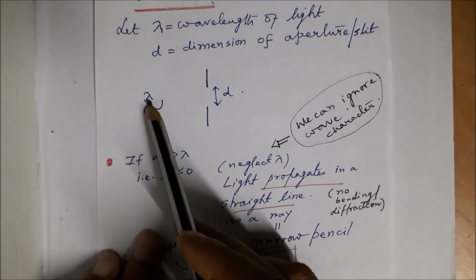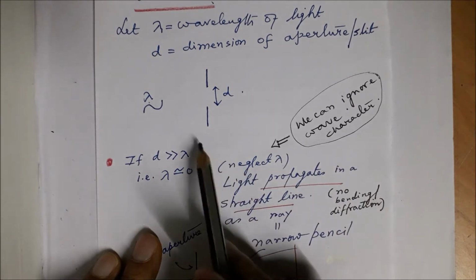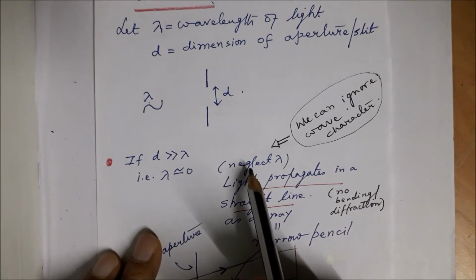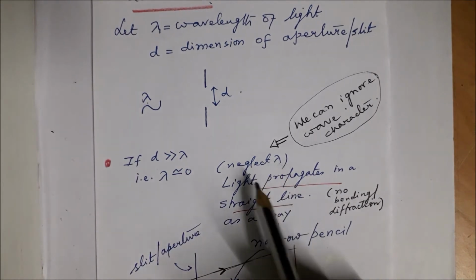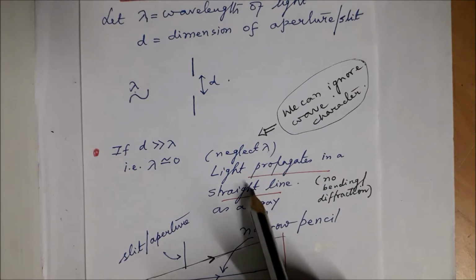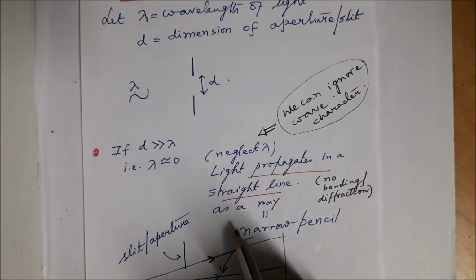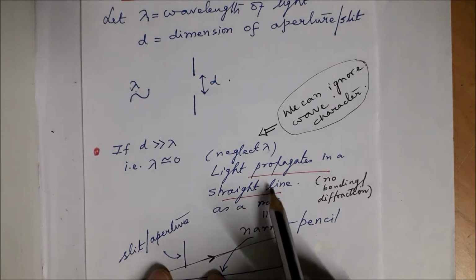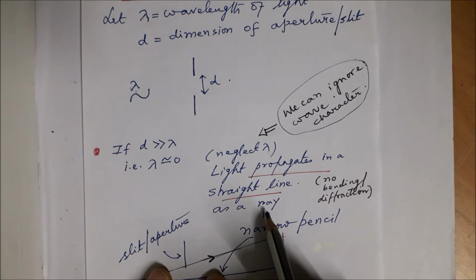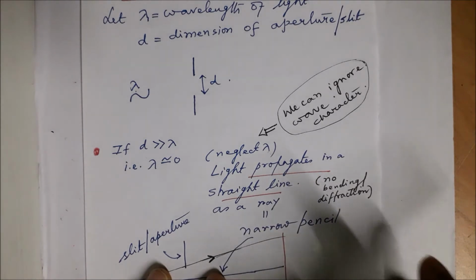Now lambda represents wave characteristic. If we overlook lambda, that means we are overlooking the wavy character of light and assuming that light propagates in a straight line. So in that situation, we will say that light follows a straight line and behaves as a ray, and in this situation there is no bending or diffraction.